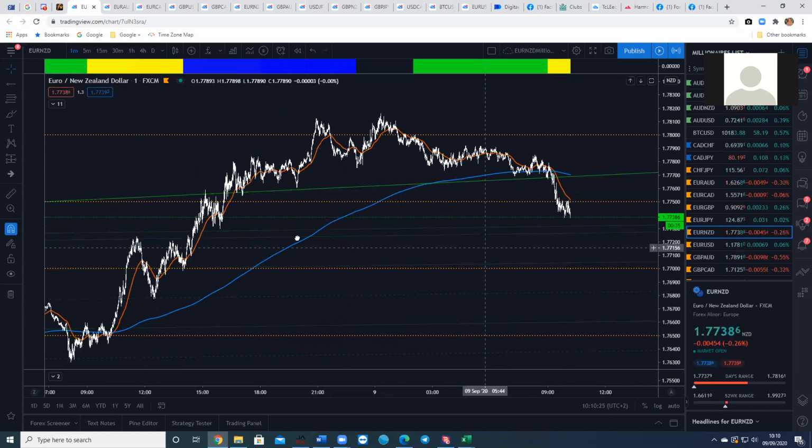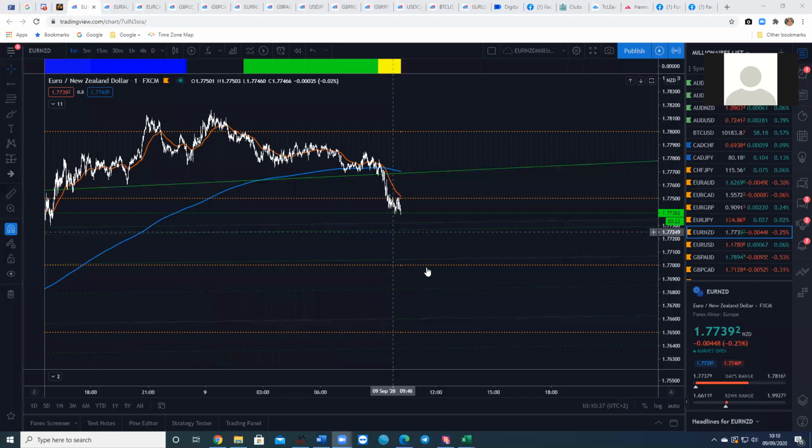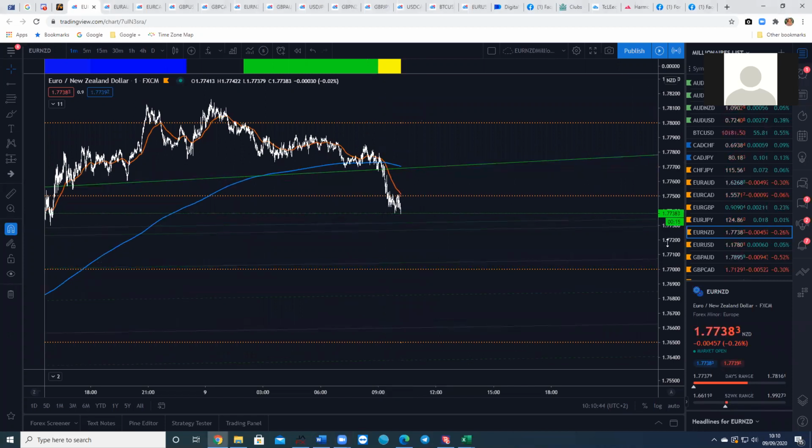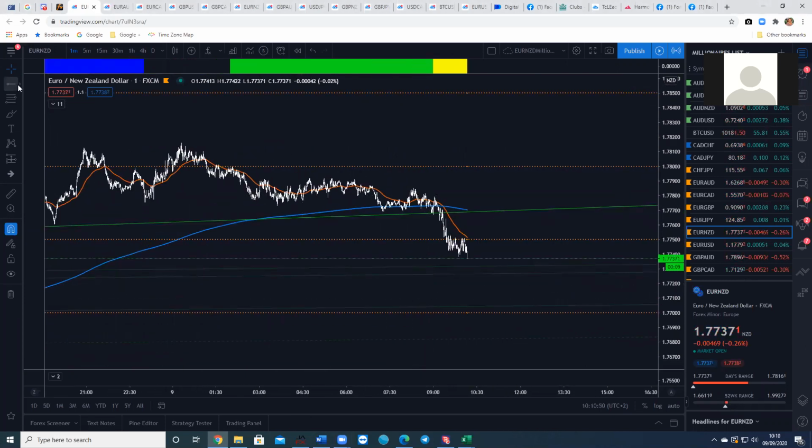So it looks like it wants to drop down to this next level down here. So I think, because that's quite a sharp decline at the moment, and you can see this downward trend here.